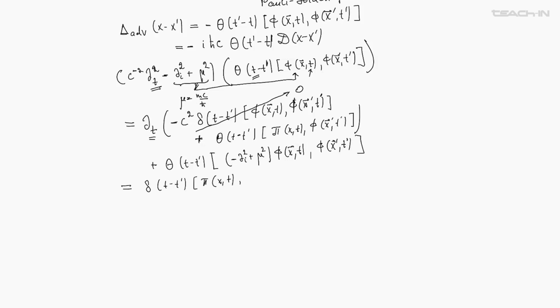And then this second application of d/dt to pi will produce nothing else than the second derivative with respect to t of the field phi. And this term we can combine with the last one. And so we will get theta of t minus t prime.